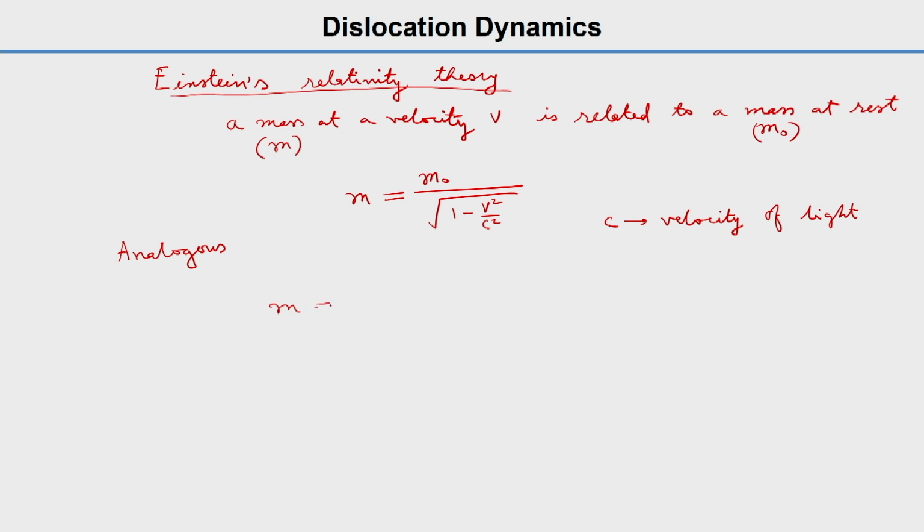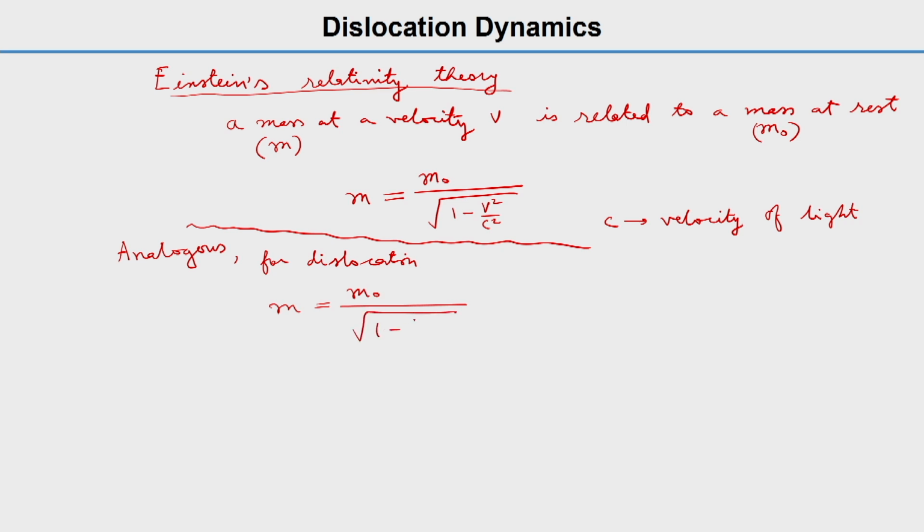So analogous, that means what we are saying for dislocation is m equals m naught divided by the square root of 1 minus small v, the dislocation velocity, divided by capital Vs, the elastic shear wave velocity, squared.